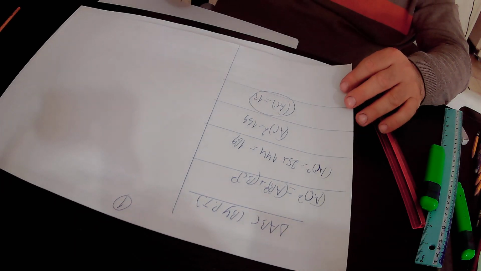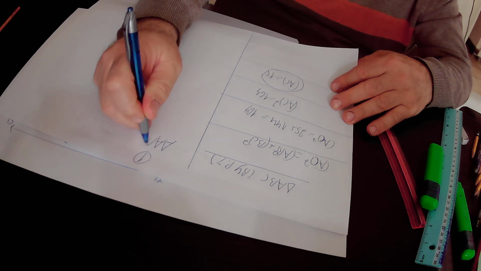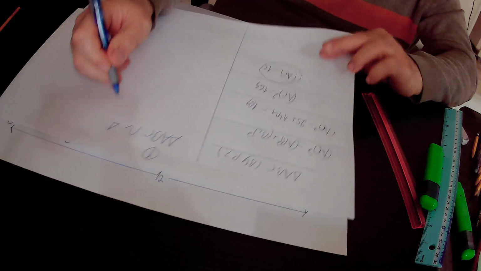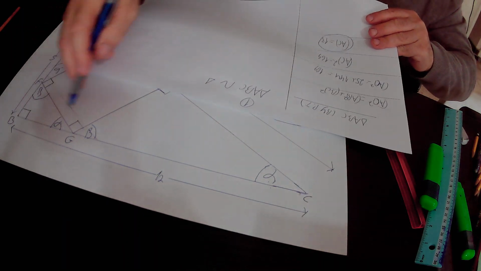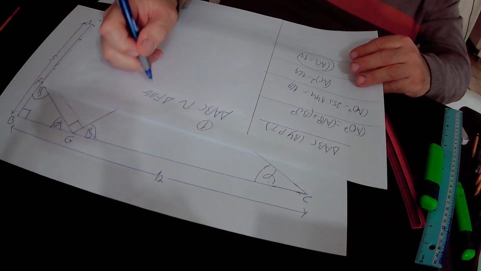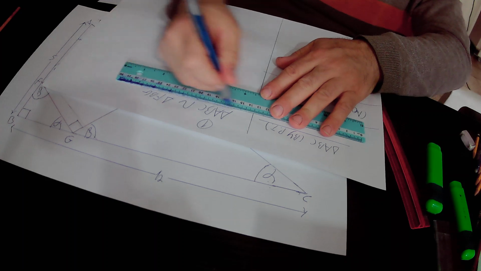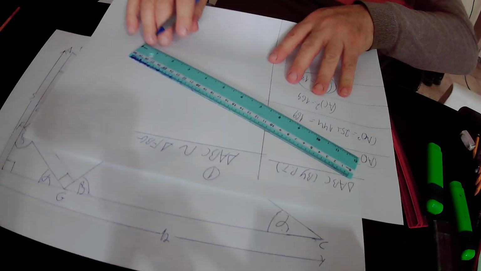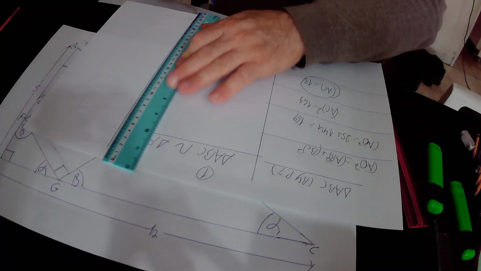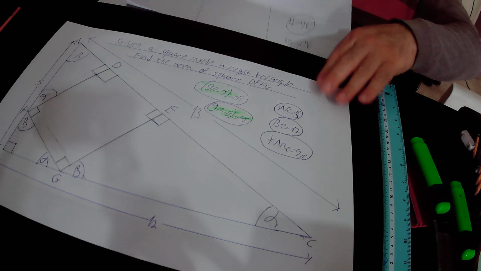Triangle ABC is similar to the small right triangle FBG according to the angle similarity rule. And from the fact that the 2 right triangles are similar to each other, we derive that the following relationship exists between their sides.